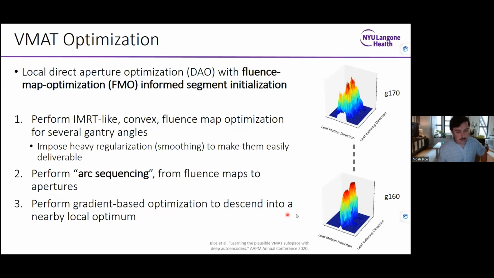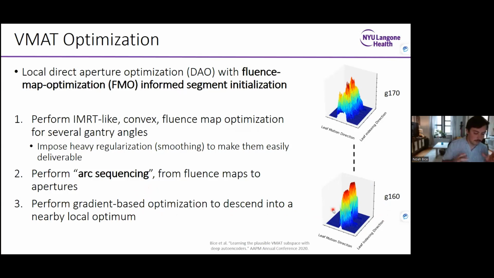What's actually done with these algorithms, and there are several different implementations, is that you perform convex fluence map optimization at several gantry angles. You perform some interpolation between those angles, and perform arc sequencing, which just takes these fluence maps and turns them into left and right leaf positions and aperture intensities, as we discussed before.